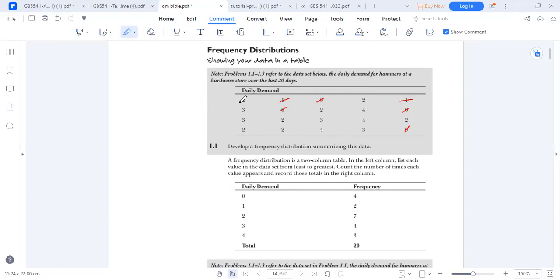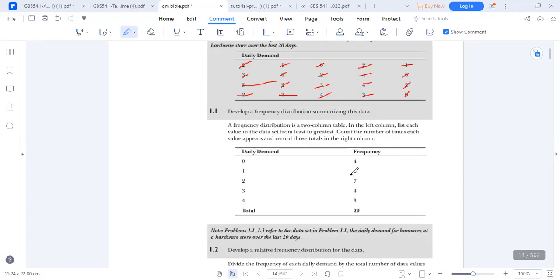The twos we count: 1, 2, 3, 4, 5, 6, 7. Twos are 7. The threes: 1, 2, 3, 4. There are 4. The fours: 1, 2, 3. When you total up, we get 20.